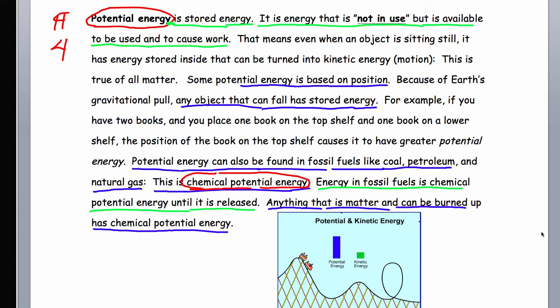There's potential energy in water that might be held up behind a dam. So potential energy can be in many things. It can even be in something that can be burned up. And when something is burned up, like a chunk of wood, heat is released. Carbon dioxide, smoke, gas is released, and ashes are left.